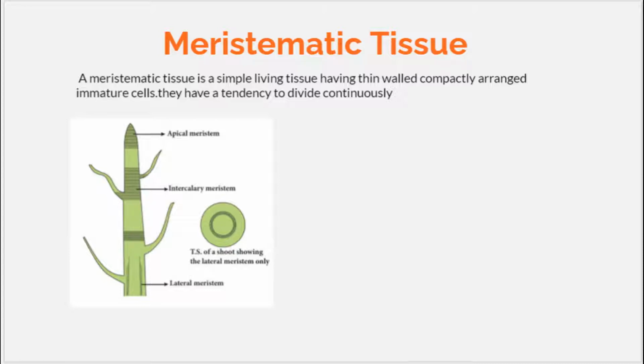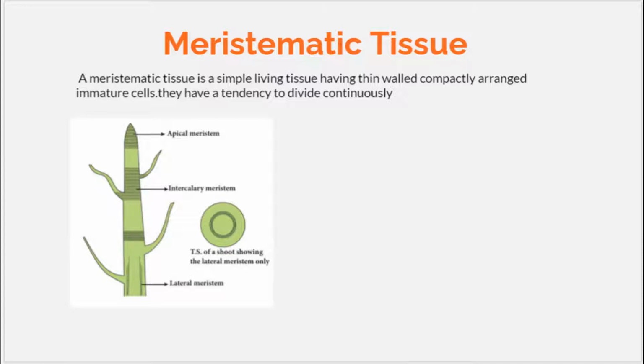So a meristematic tissue is a simple living tissue. Please note down, students, it's a living tissue having thin-walled, compactly arranged immature cells. The cells are immature and they have a tendency to divide and form new cells continuously.